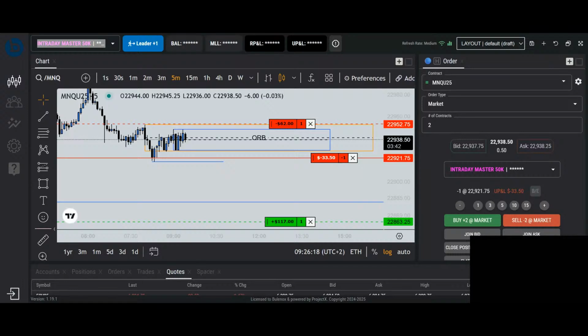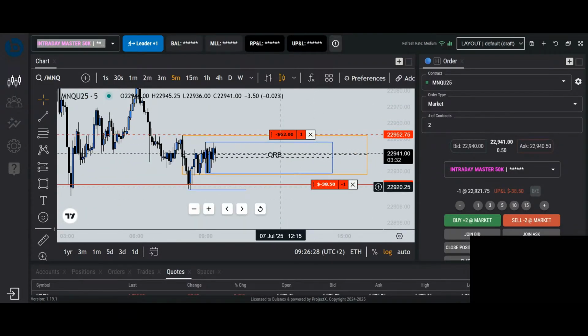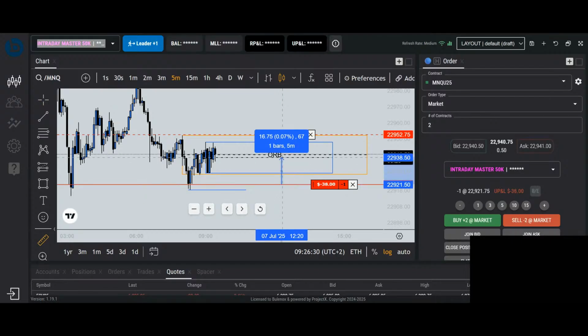Does retracement like this hurt the real-time trailing DD? But this is not actually the big retracement. This is like 20 points.